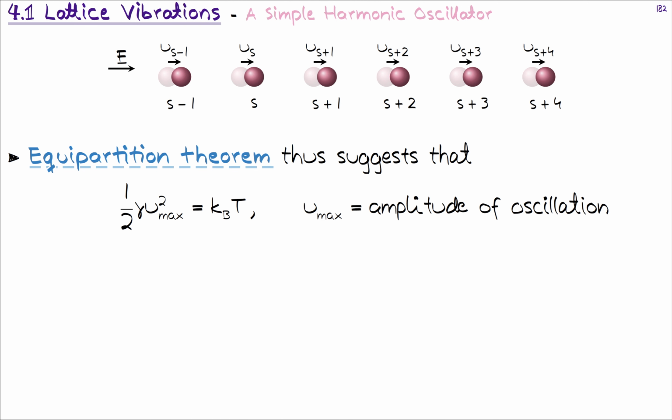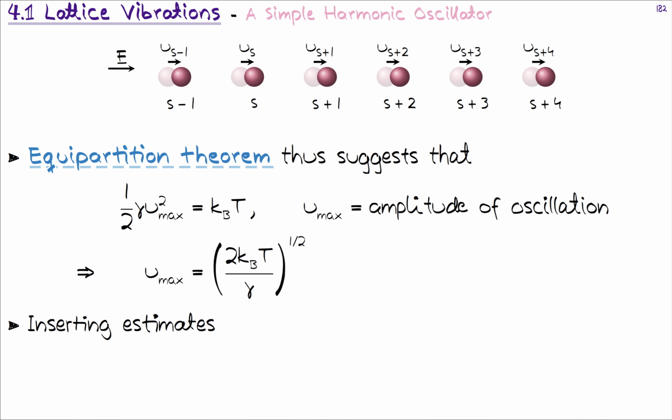Here U max is the largest oscillation the system has, the amplitude of oscillation. We can solve for U max and get the square root of 2 times kBT divided by the spring constant gamma, or maybe I should call it the coupling constant, because that's what we will call it later when we couple these atoms together.